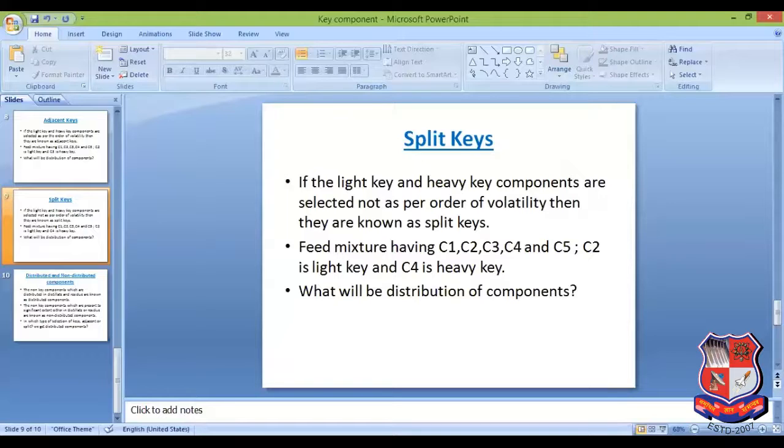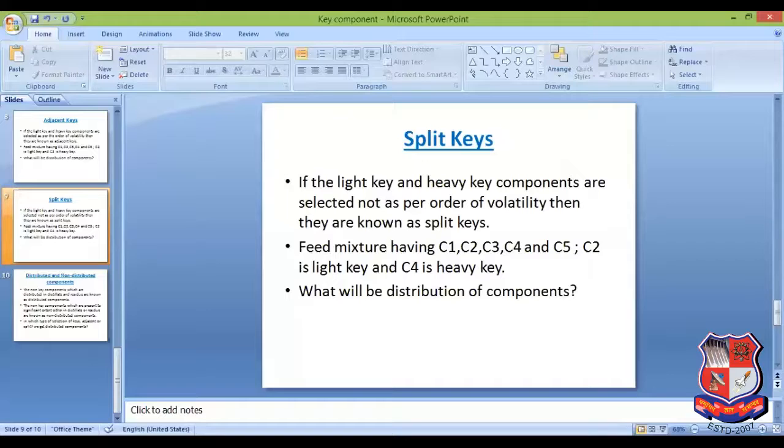So if you look at the previous example and this example, along with C2 and C4, C3 is the component which is distributed in between residue and distillate, right?